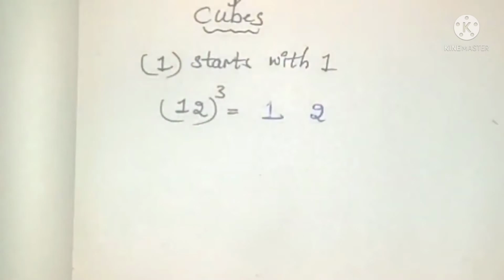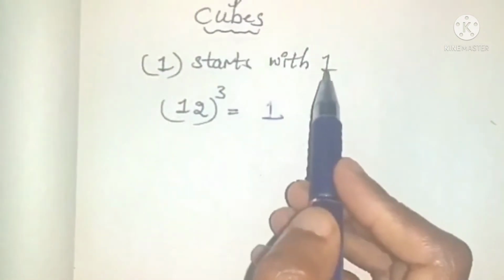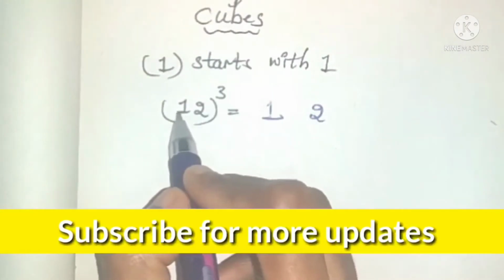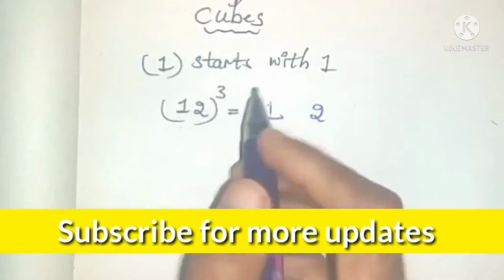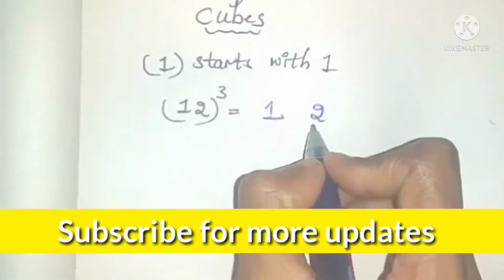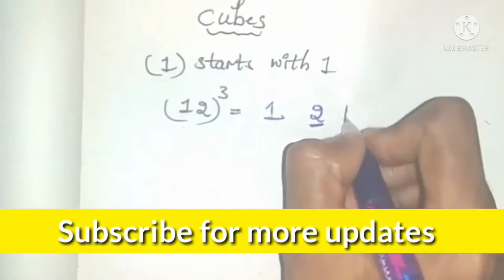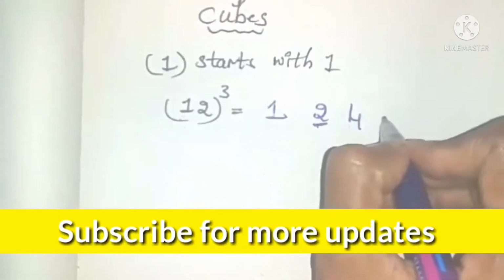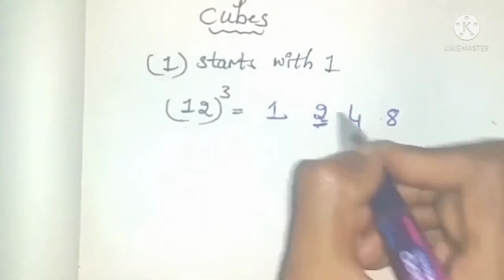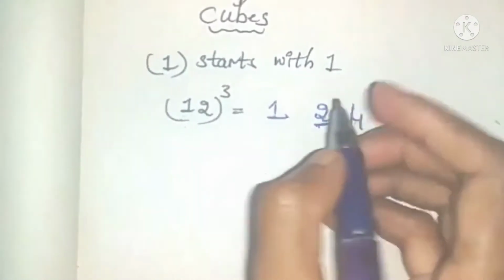Hello everyone. In today's session we are going to discuss cubes of numbers which start with 1, and let us take an example of 12 cube. Here this 12 which is beginning with 1. So we have to write initially 1, 2, and next 2 square is 4 and 2 cube is 8. Here we have to write square of 2 and here cube of 2.